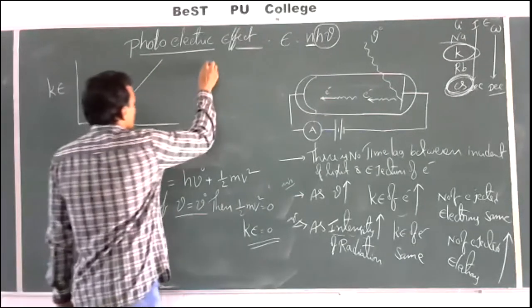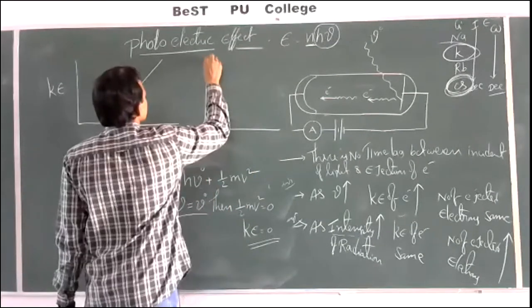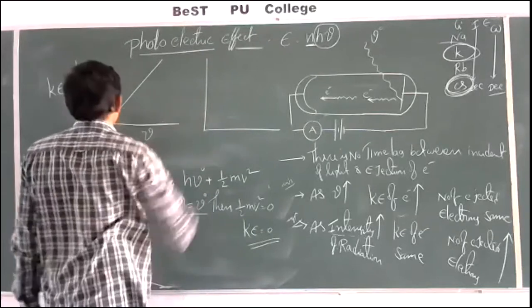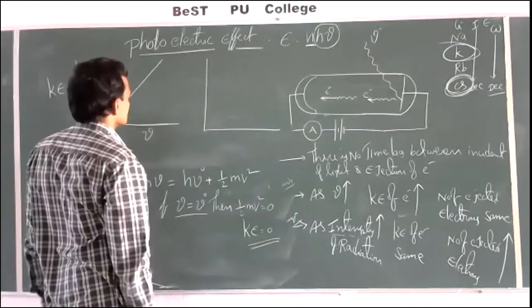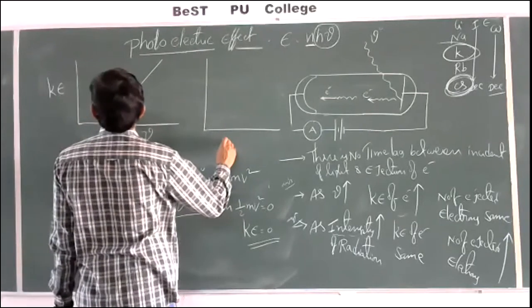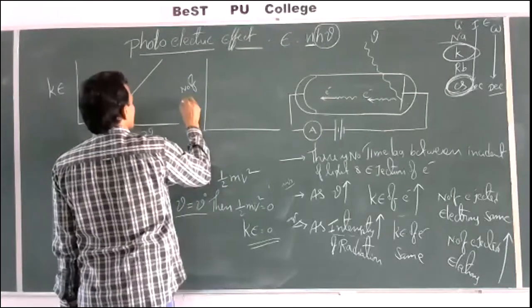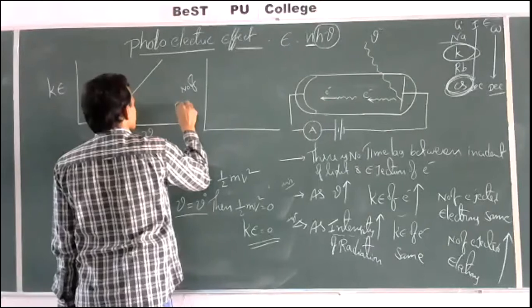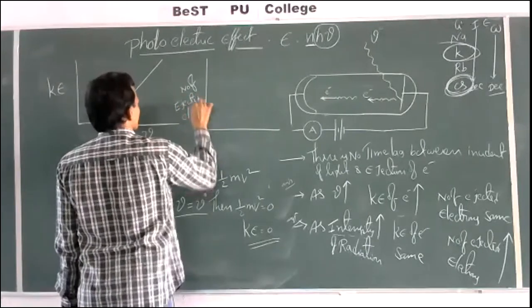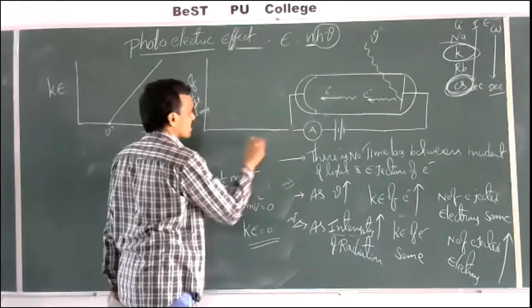Now, one more graph. Number of ejected electrons versus frequency.